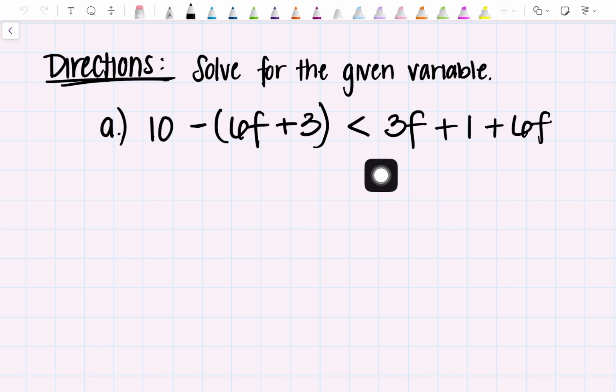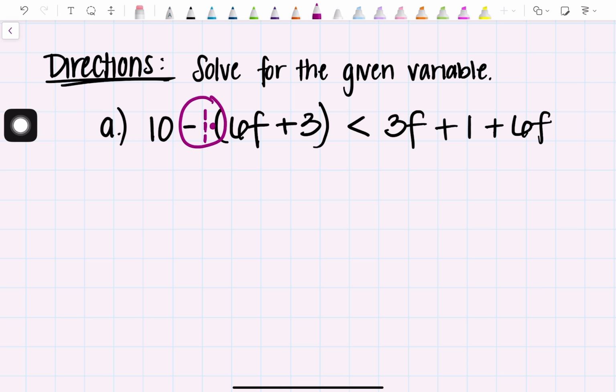Now, we have a lot of things going on in this case. We have terms we have to combine. We have parentheses, which probably calls for a distribution here. So let's go ahead and start off with that first. I actually have a negative, or it's subtracting, and in reality there is a number in front of this. It's actually a -1. Whenever I have a number attached to a parentheses, that's going to mean multiplication.